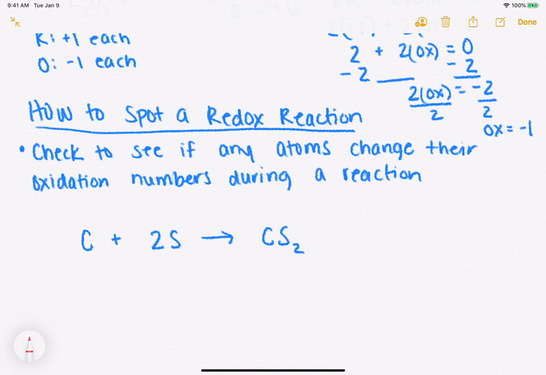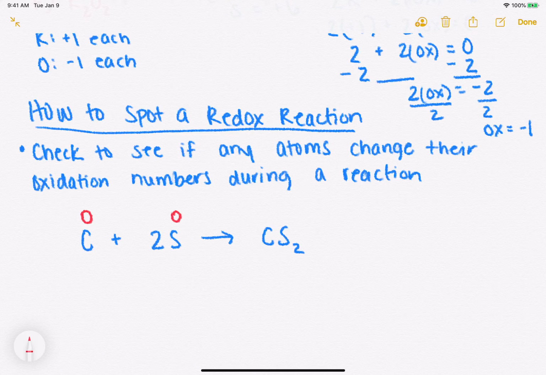So rule number 1 applies. The oxidation state is going to be 0. Same thing with sulfur. Sulfur is a free element. That oxidation state will also be 0. Notice how the coefficients don't change whether or not an atom is a free element. It just means that we have more of them.